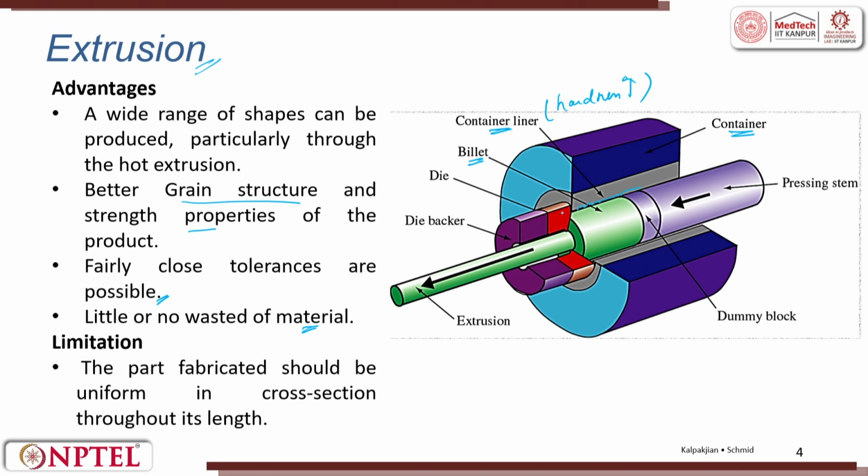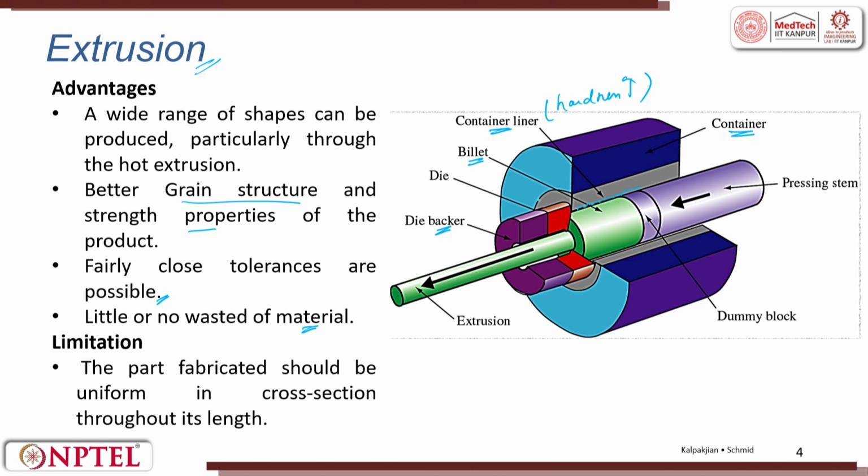Then I talked about the die. Then it is the die backer. Through this the cross section gets reduced. Now, when it is exiting, there is a possibility of bulging. In order to restrict it, we also have a backer, but the diameter of the backer is slightly larger than the die diameter.